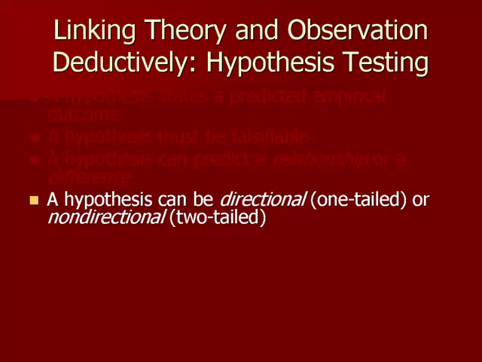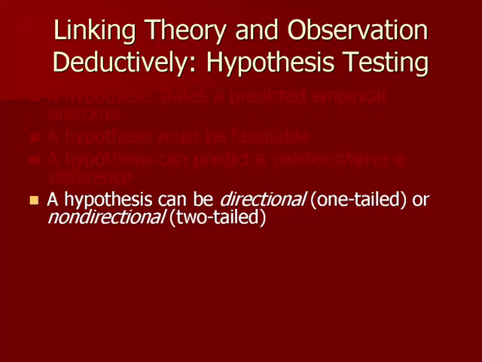A hypothesis can be directional or non-directional, and in the research literature we call that one-tailed or two-tailed, and the tails have to do with the normal curve. I know you've had Math 104, so you may remember that bell-shaped curve, and as the values trail off on the left and the right, those are the tails.